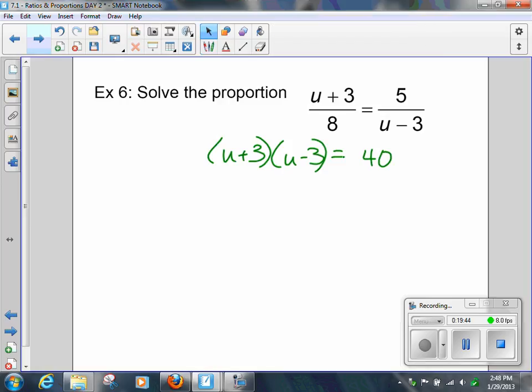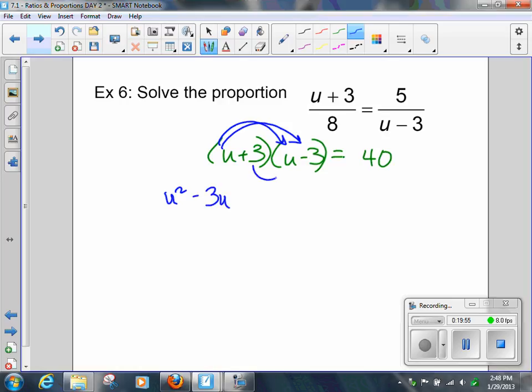There we go. U times U is what? U squared. U times negative 3 is what? Negative 3U. Positive 3 times u is plus 3u. And 3 times negative 3 is negative 9.